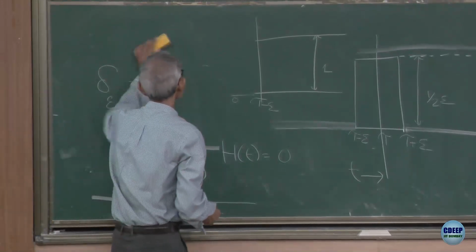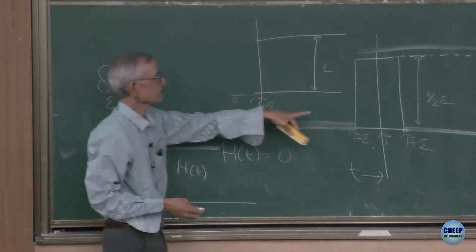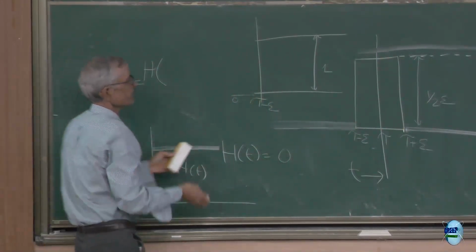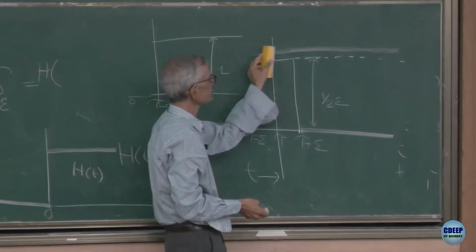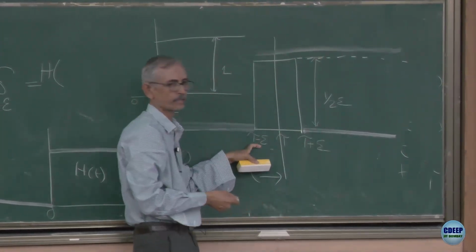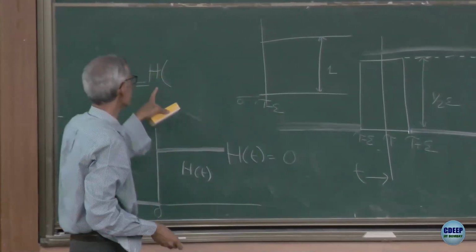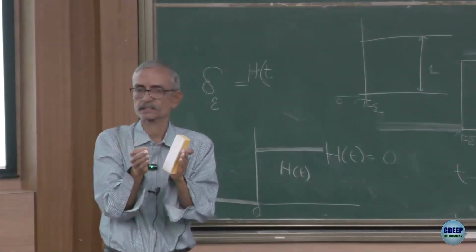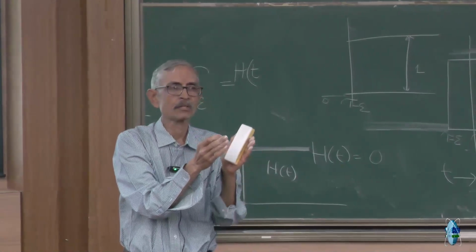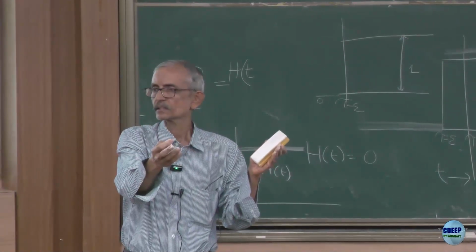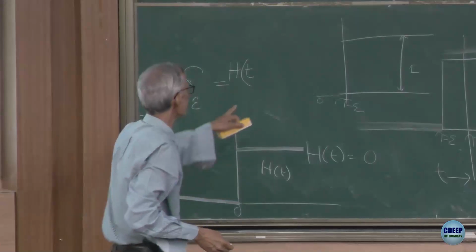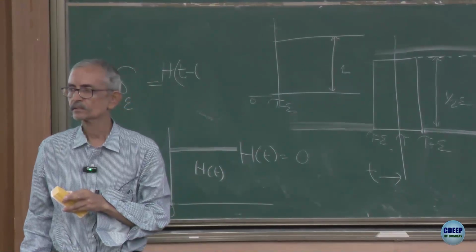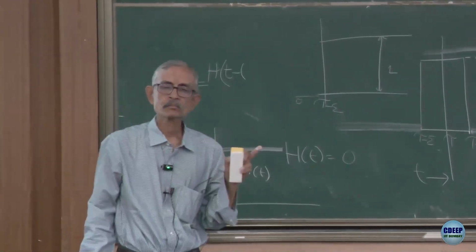All right. So this is what I'm trying to model here. There is a Heaviside function, and I want a Heaviside function that is unity downstream of tau minus epsilon. So what should I have inside the brackets? If t equal to 0, it starts at 0. If t equal to tau minus epsilon, it will start at tau minus epsilon. So what should I put here? t minus tau minus epsilon.